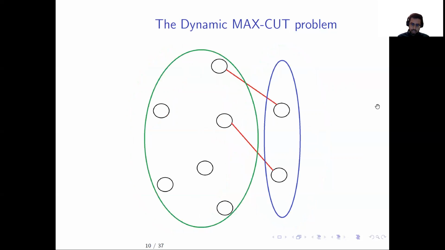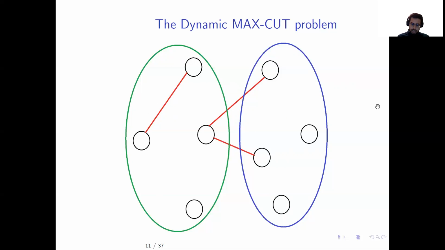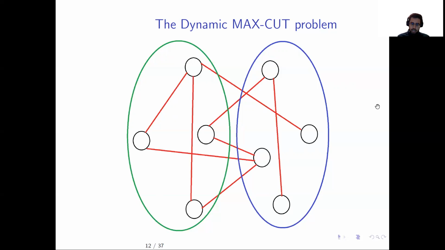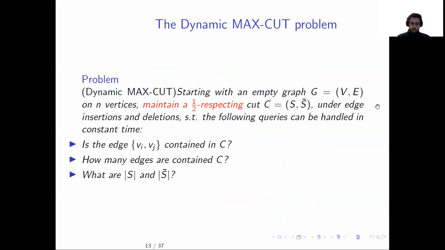As you can see in these graphs, the cuts are changing, and we would like to maintain a cut after each update. We would also like to answer queries in constant time, such as whether an edge is contained in the cut or not, the total number of edges contained in the cut, and the size of the vertex partitions of the cut.